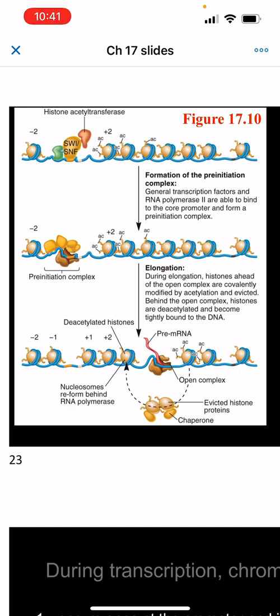And then they might have to be completely replaced. So you see evicted histone proteins getting replaced here. All right, so our activator is actually activating transcription by helping to bring in chromatin remodelers. And that's what's allowing RNA polymerase to be able to transcribe.